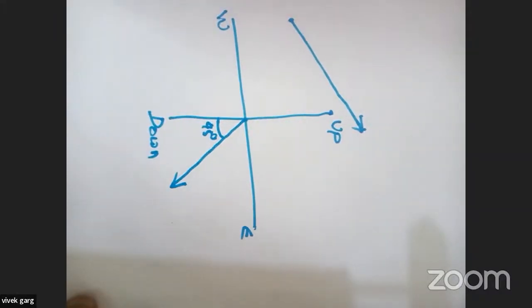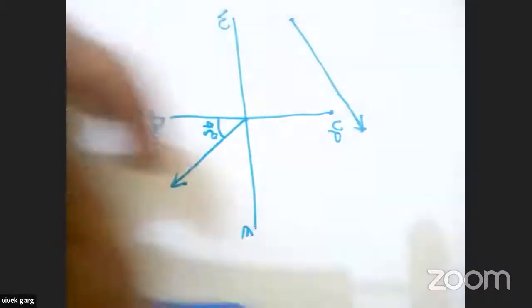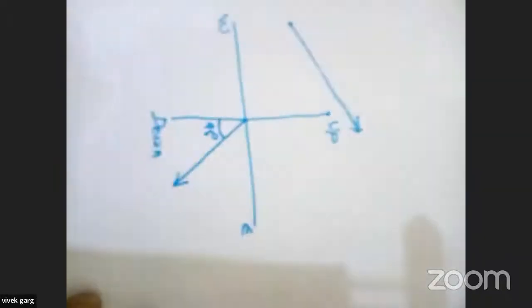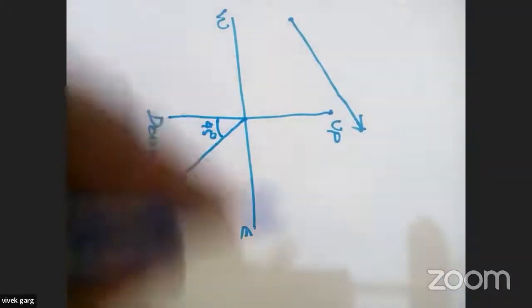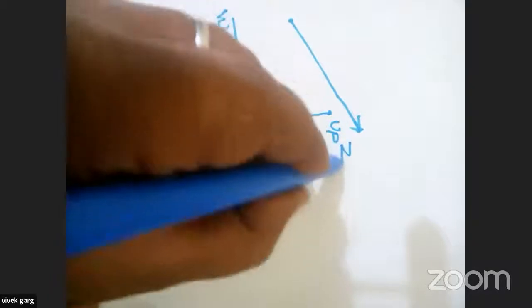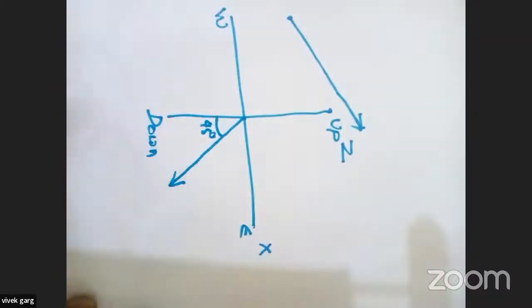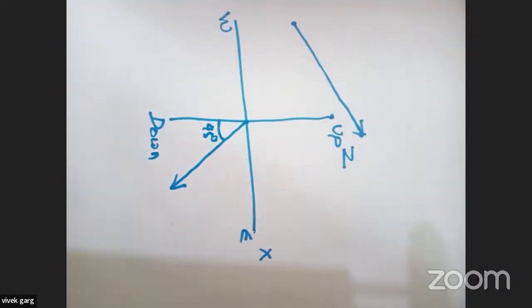South-north will be considered the y-axis, while up-down will be considered the z-axis. So if you look at this plane, this is not the xy plane. This is the xz plane. So the question now arises, where is north?